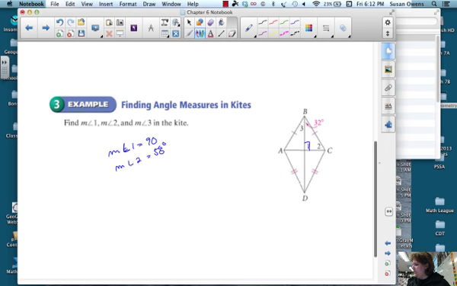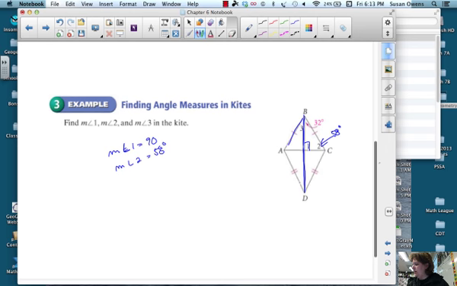And then the other thing I know, I'll put that in, 58 degrees. If you take a look at the two triangles here, this is for kites. If you draw the one diagonal, it would be the diagonal that would be between the two congruent sides. What you're going to get is two triangles that are congruent.